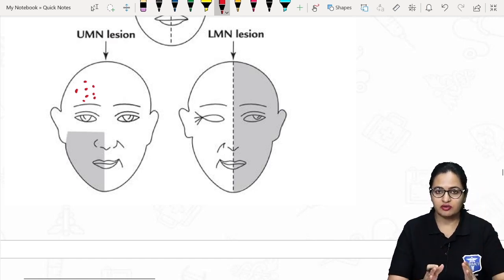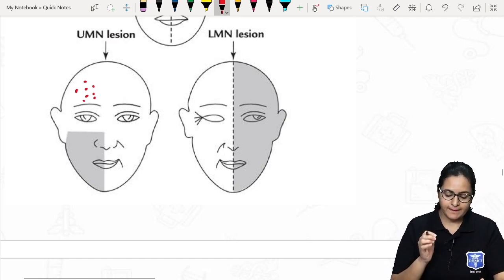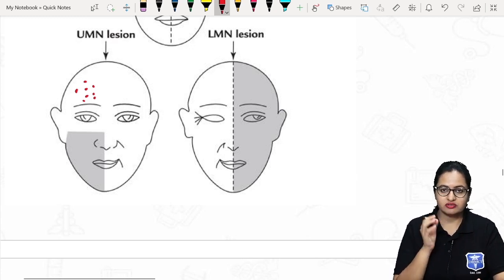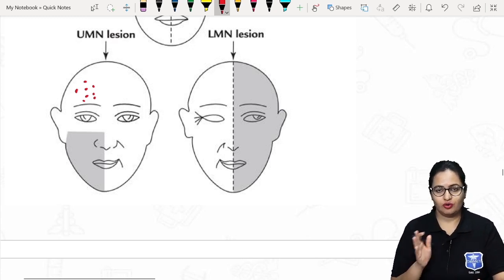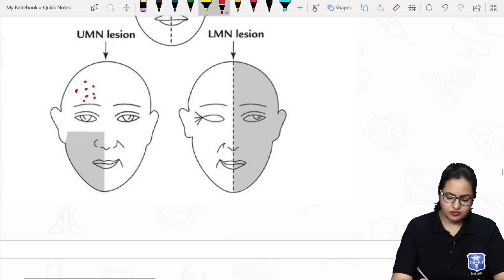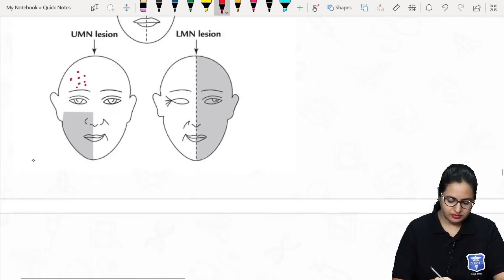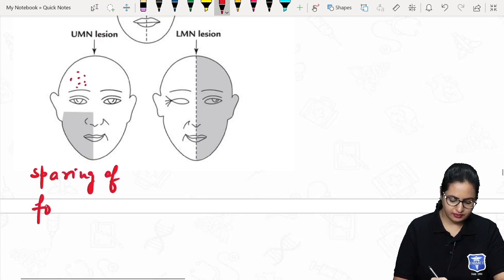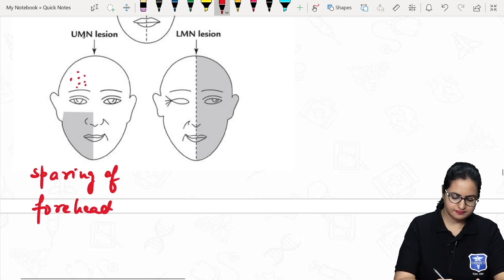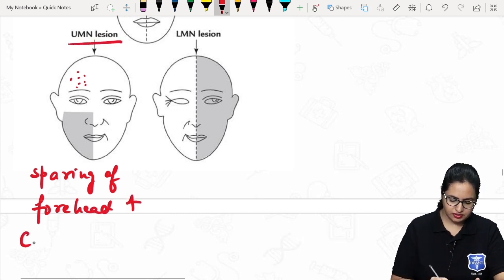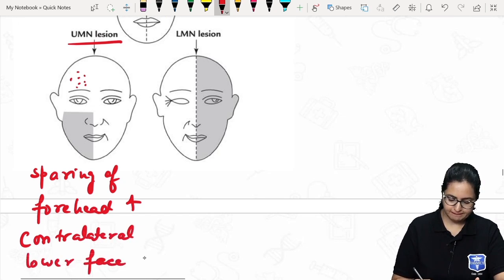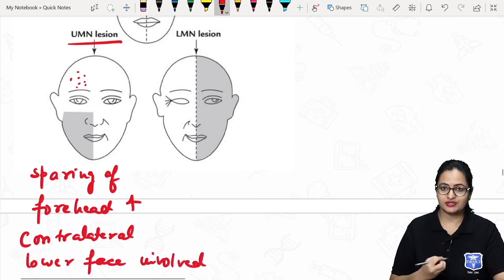The lower aspect of the face which is involved is on the opposite side, the contralateral side. So when we define the upper motor neuron lesion, we say there is sparing of the forehead and the contralateral lower half of the face is involved.